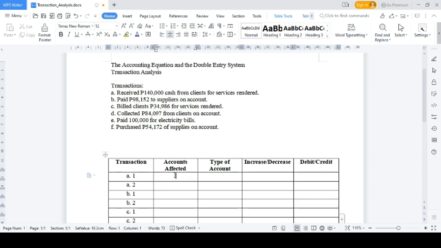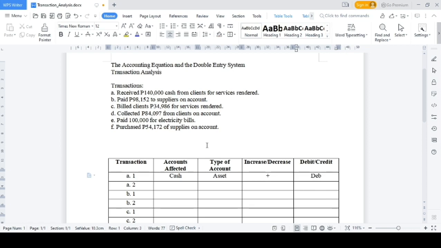income. Right? So we will put first cash, then what is cash? It's an asset, right? Then, did that increase or decrease? So we will put increase since you receive money, so it's additional cash. Is it debit or credit?